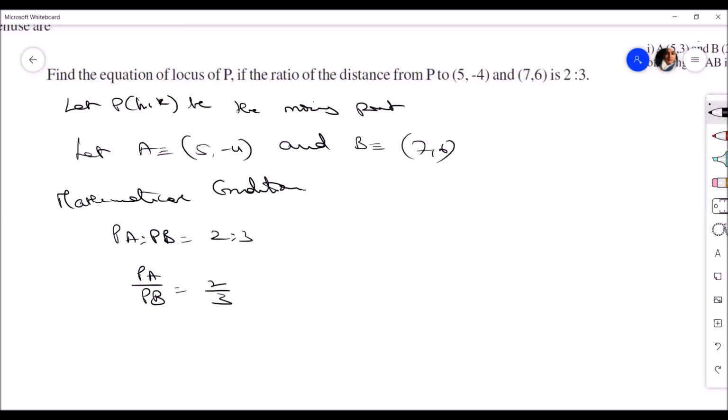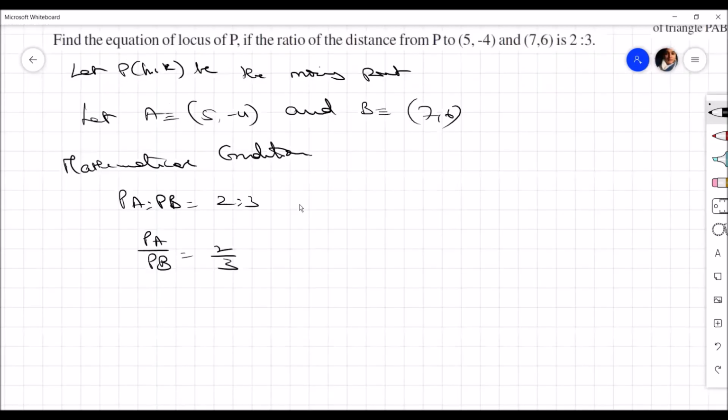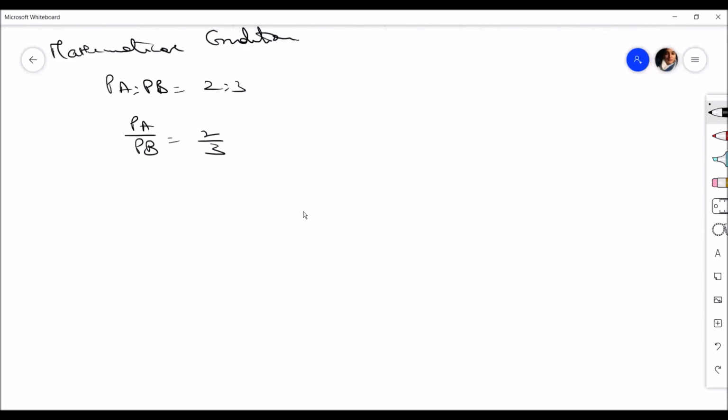You must have identified already that it's relatively much easier if I have squares for the distances, isn't it? Because there's a square root involved in the distance formula. Had it been squares, it would be relatively much easier. So I'll write it like this. Any doubts here? Basically writing it as PA square by PB square should be equal to 4 by 9.